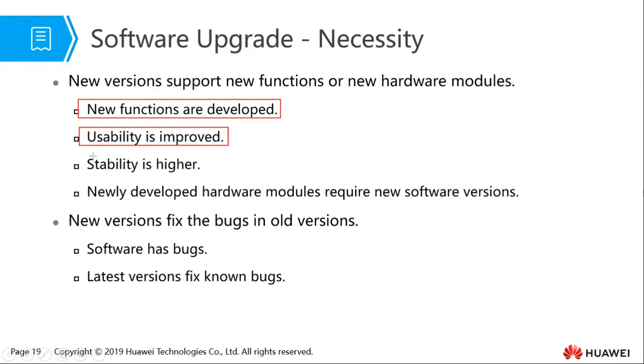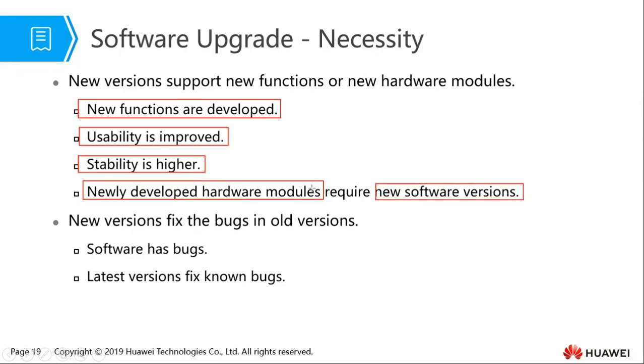You can also upgrade if it fixes most of the problems with the previous software, so it's more stable and will not encounter problems frequently like the previous one. Other times you might be forced to upgrade because you've installed a new hardware module which is not supported by the previous software. So you have to install the new software version for that hardware module to work.